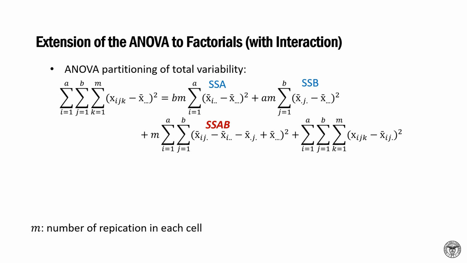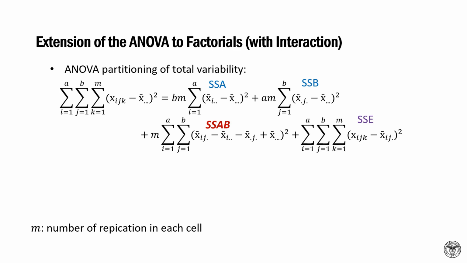Third, the variability due to the interaction between factors A and B, denoted by SSAB. This component represents the variations in the response variable that cannot be explained by the main effect of factor A and factor B alone, but is instead attributed to the interaction.